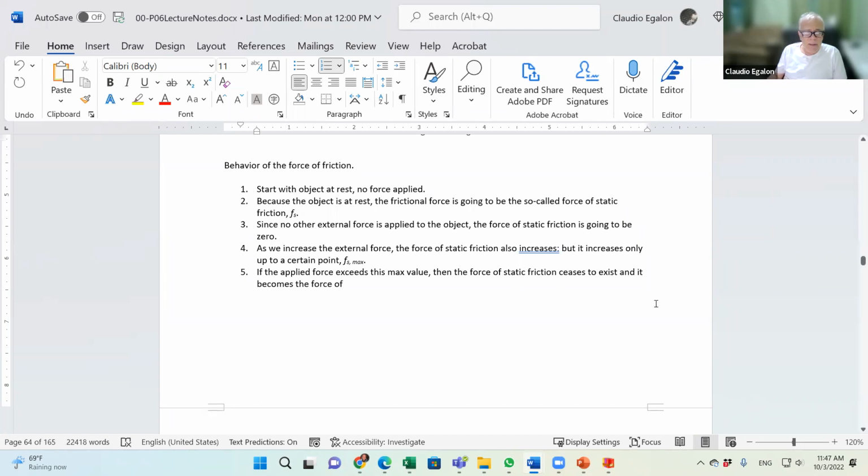Let's do it this way. Then the net force will be greater than 0, and the object will start to accelerate like that, right?